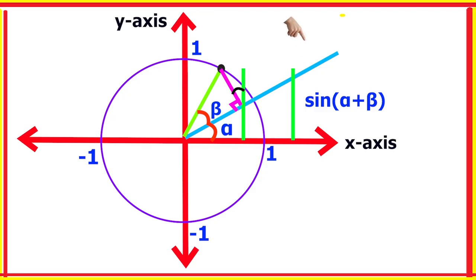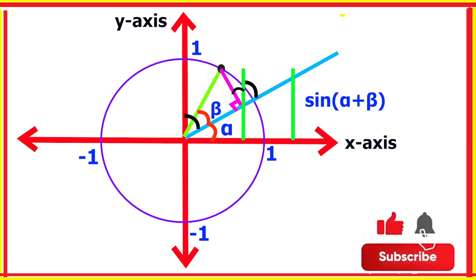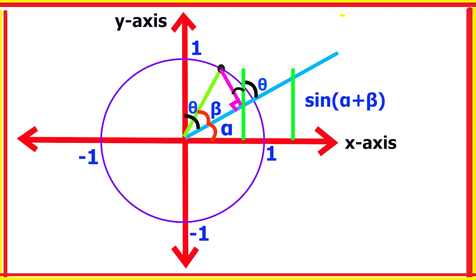This line with the positive y-axis forms an angle, and also this green line and the blue line form another angle. The y-axis and the green line are parallel and they are intersected by a straight line, so the two angles are alternate exterior angles, that means they are equal.